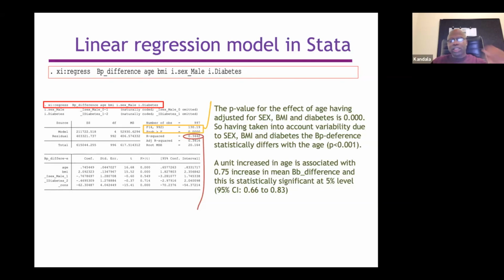So this means that this model has accounted for the variability due to sex, the gender, BMI, and diabetes in terms of the variation we see in the blood pressure difference.